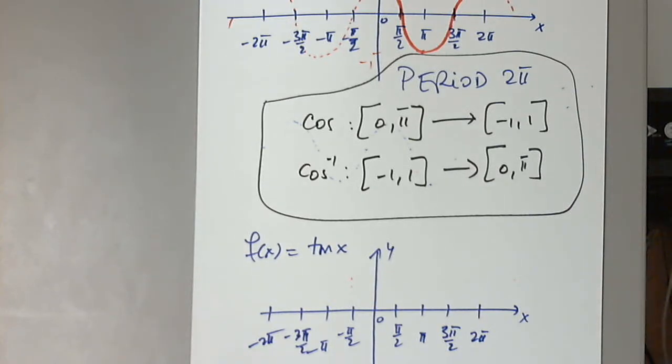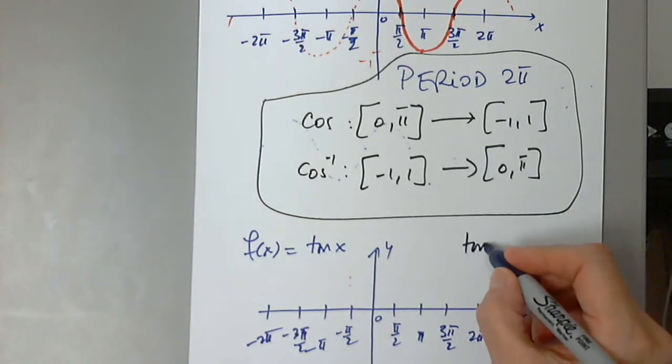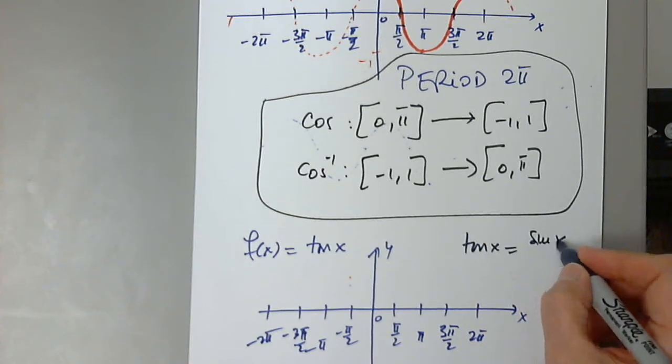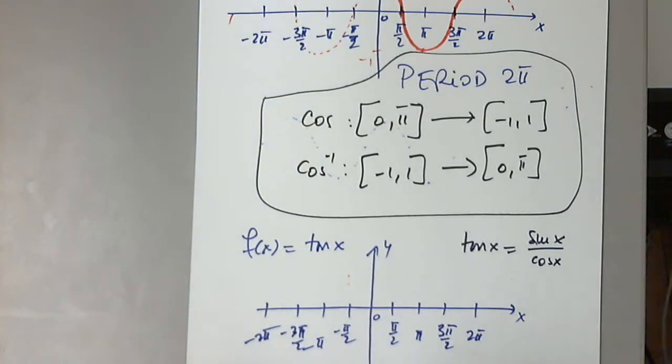Okay, very good. So let's look at tangent. Tangent is sine x over cosine x. We did not see this in the previous two examples with sine and cosine because sine and cosine are not fractions. You can say, but they are. They are the opposite with the hypotenuse, yes. But they will never be undefined. The hypotenuse can never be 0, right?